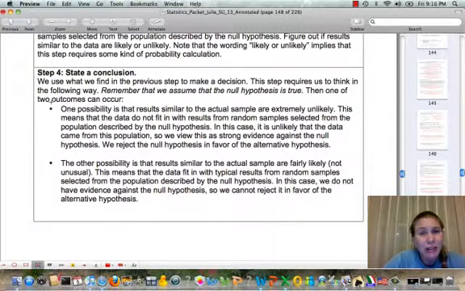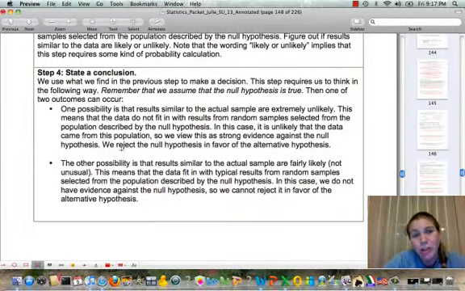So this means that the data do not fit in with the results from random samples selected from the population described by the null hypothesis. In this case, it's unlikely that the data come from the population, so we view this as strong evidence against the null hypothesis. So this is when the results tell us the actual sample is extremely unlikely.